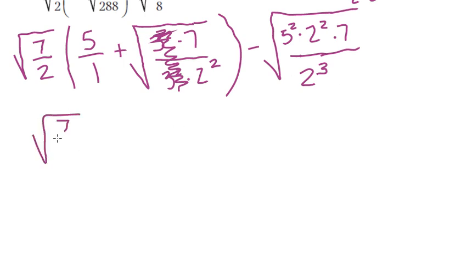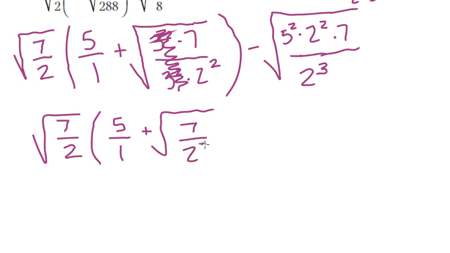So we've got the square root of 7 over 2 multiplied by 5 over 1 plus the square root of 7 over 2 squared. Let's close that up there. And then we are subtracting the square root of, well, this piece right here stays.